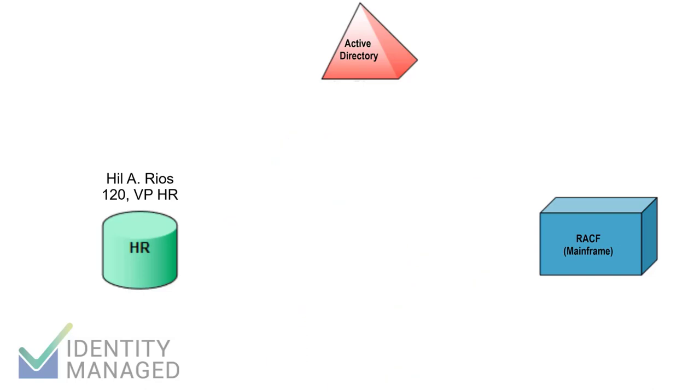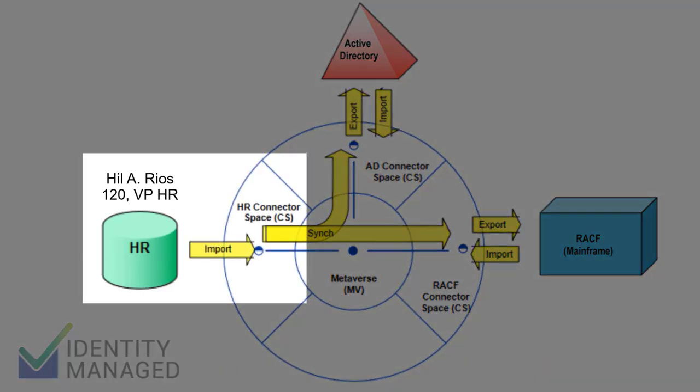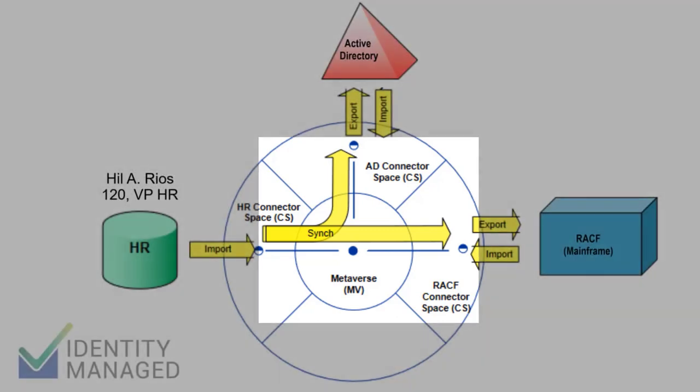So what will happen is we will import the data for Hilaria Rios into the connector space, and then we will synchronize that into the Metaverse. And then that synchronization not only takes it into the Metaverse, but it takes pending exports into the connector space for each of the other systems.